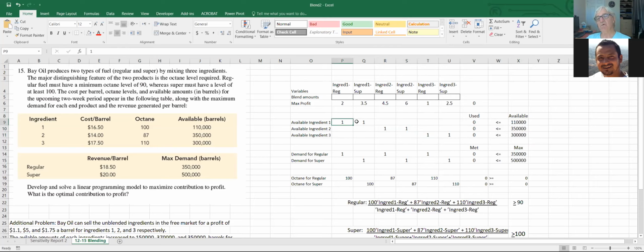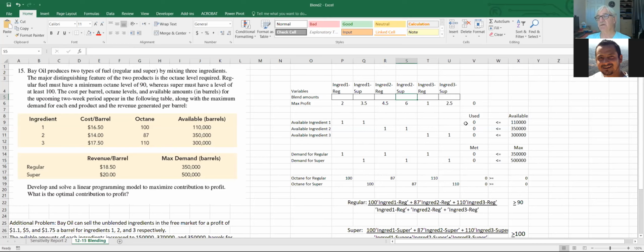For ingredient 1, you put 1 and 1 here, and for ingredient 2, 1 and 1 here, and so on. This should be familiar to you because we did it before twice, and I put ones and zeros whenever it was needed. That's what I did here, only that I didn't enter zeros.